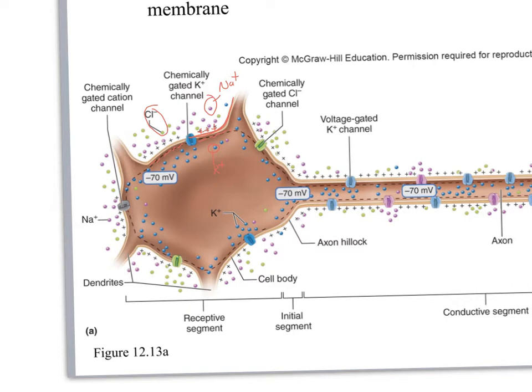Now, what you've got is a higher ratio of positive ions on the outside. Okay, so even though I've got chloride ions here, notice that they're not right up against this area. So they are not playing a major role in the voltage right here. What's playing a major role are the sodium ions versus the potassium ions.